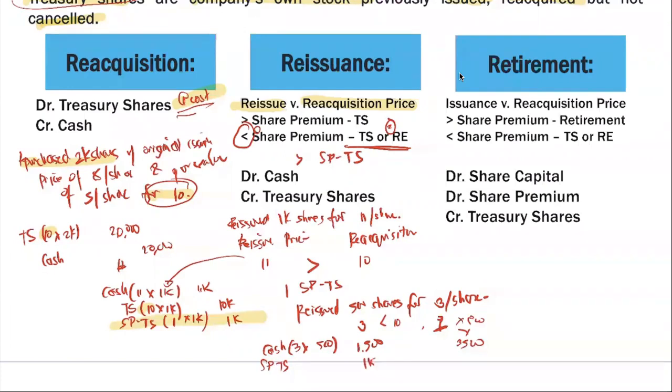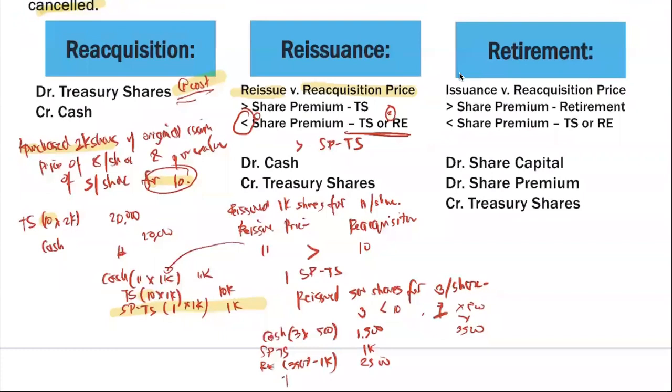That is our rule: when it is not enough, up to that extent only, and the next one is RE. So since it is 3,500 and share premium TS could only cover 1,000, we still have 2,500 for RE. And then we remove our treasury shares at its cost, 10 times 500, which is 5,000.